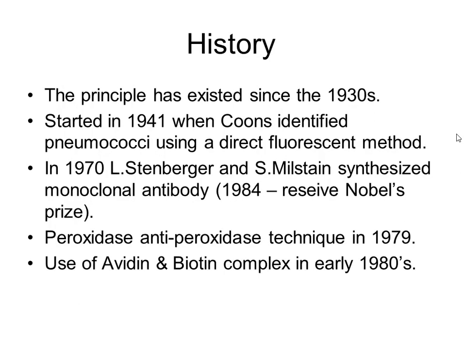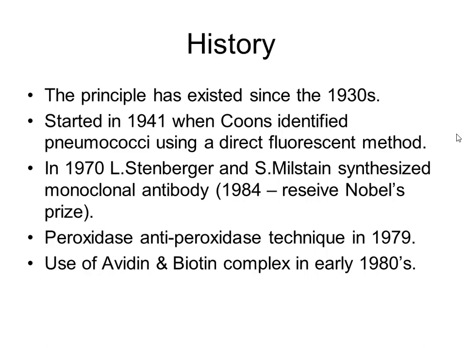The main principle of immunohistochemistry has existed since the 1930s. Coons in 1941 identified pneumococci using the direct fluorescence method.